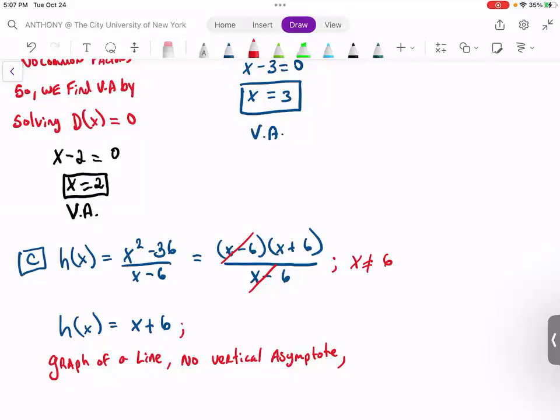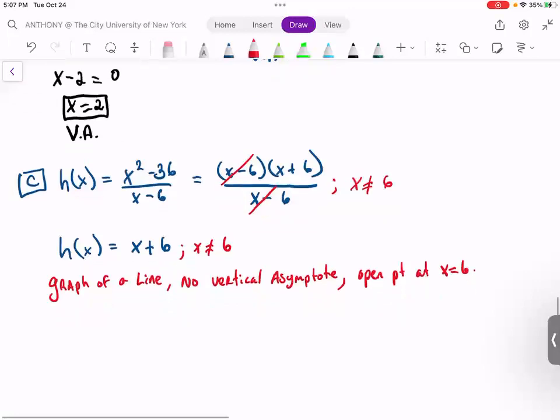And because x cannot be equal to 6, if I were to plug it into my simplified function, you do get a value, right? What's 6 plus 6? 12. So at the ordered pair 6 comma 12, you're going to have an open point, right? So here you're going to have an open point at x equals 6. And I could just show you a quick visual representation, right?